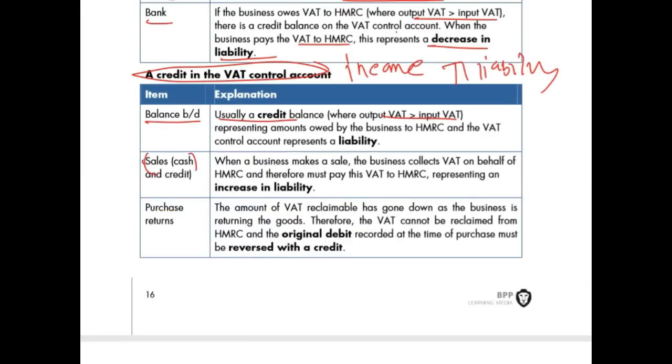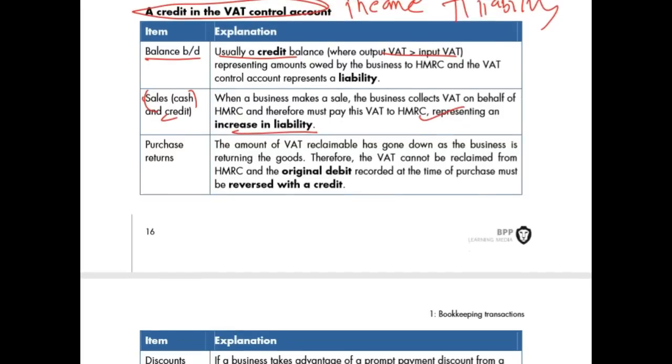Sales, for cash or credit sales, increases your liability. You're collecting this VAT on behalf of HMRC from customers. Purchase return, what is that? Let's read it. When we return goods to our supplier, our purchases are going down.